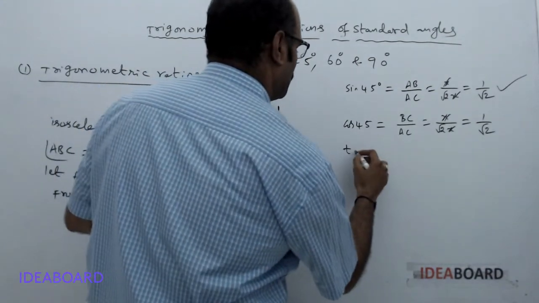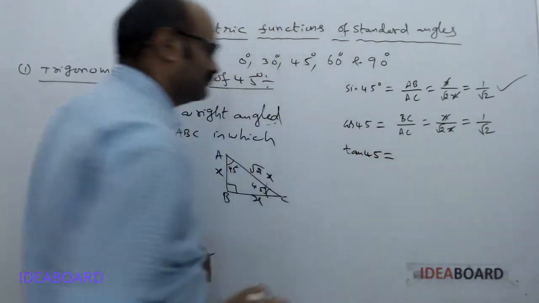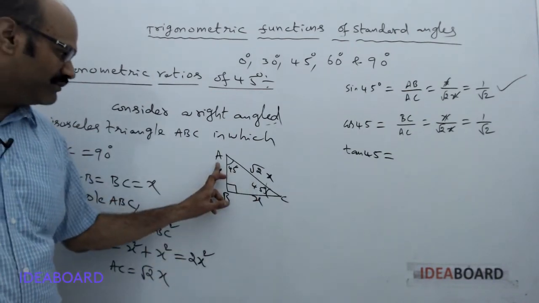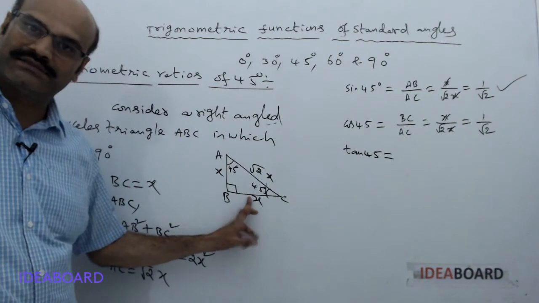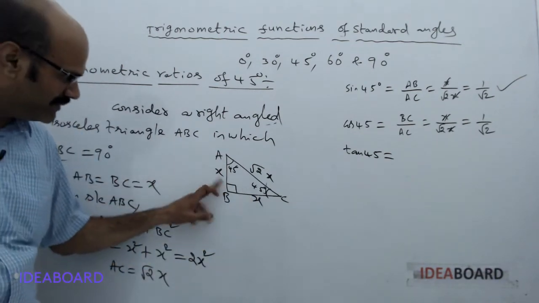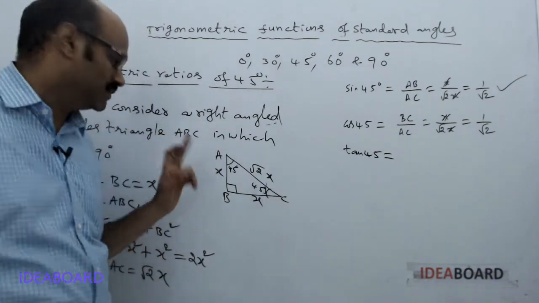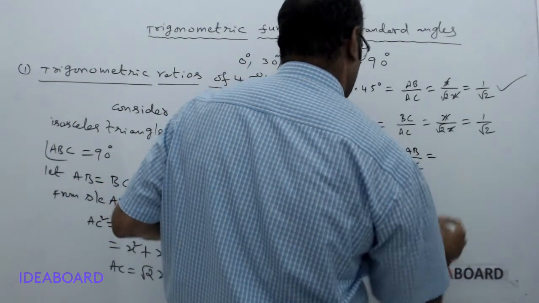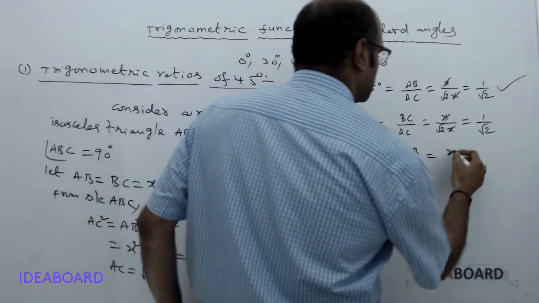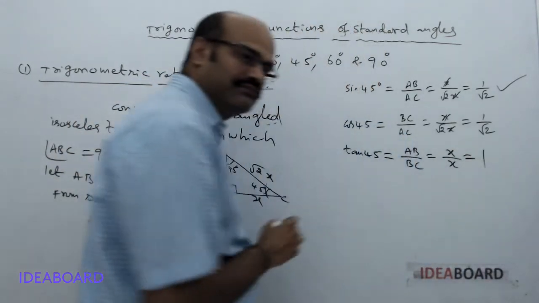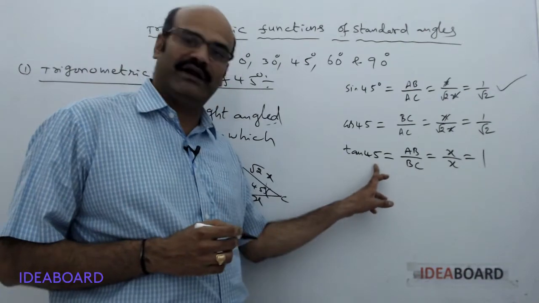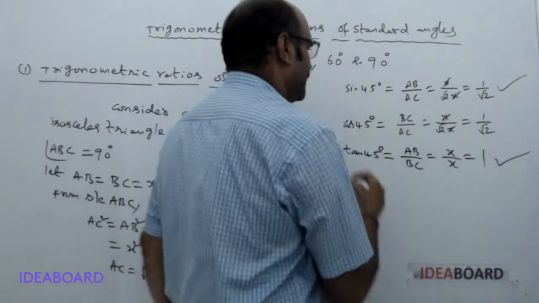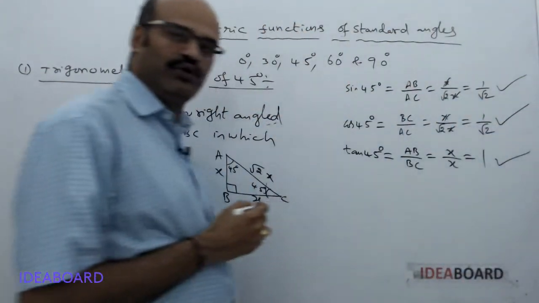Tan 45 equal to opposite side by base. So it implies AB by BC equal to x by x equal to 1. Therefore, the value of tan 45 degrees is always equal to 1. The value of cos 45 is always equal to 1 by root 2.